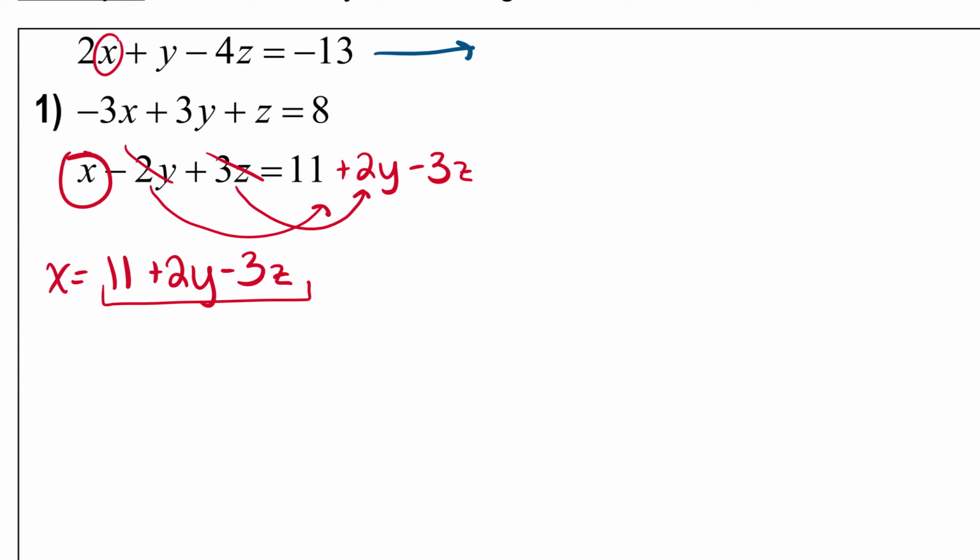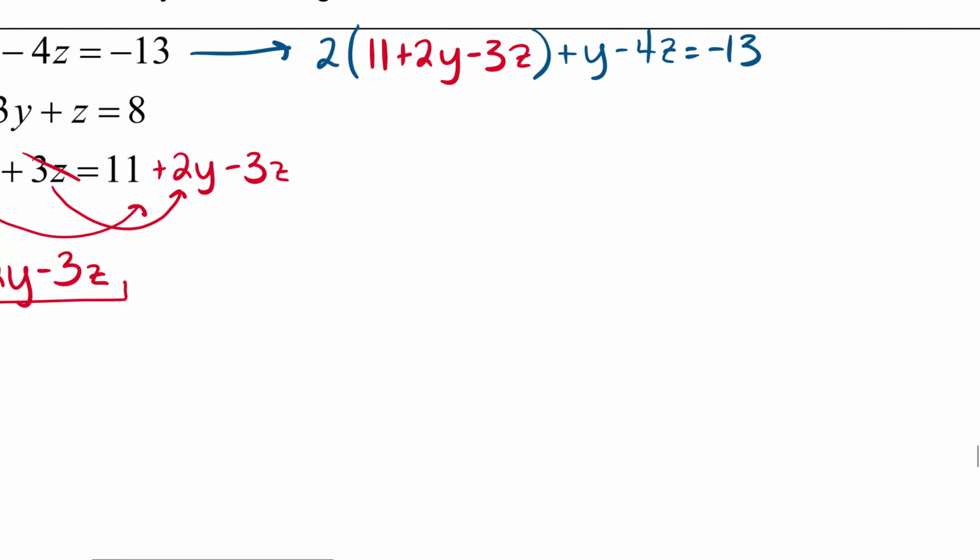So I'm going to write 2, and instead of x, now I'm going to replace it with 11 plus 2y minus 3z. And then keep going. So plus y minus 4z equals negative 13. Okay, now I can solve, or distribute and solve for y or z, whichever one you'd like.